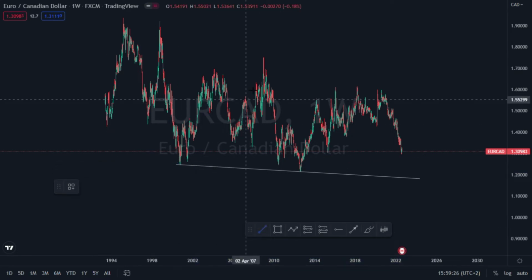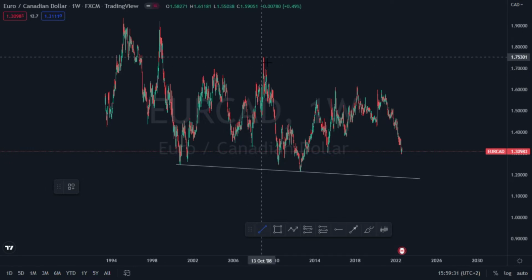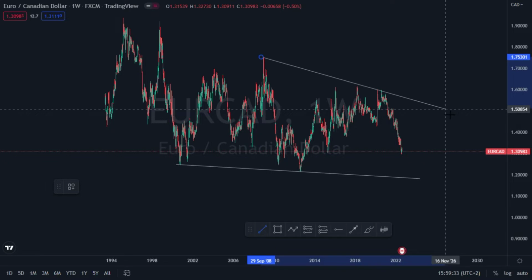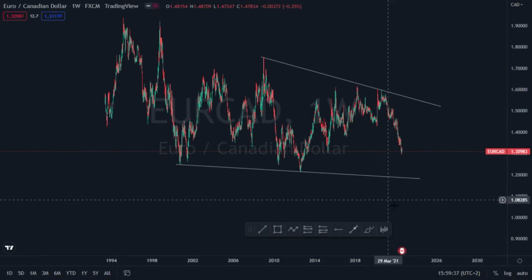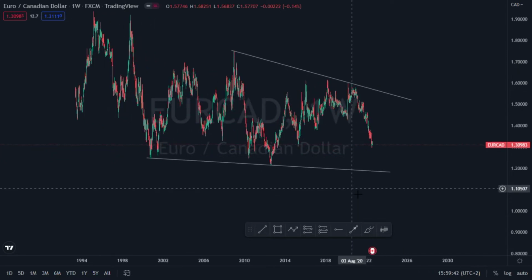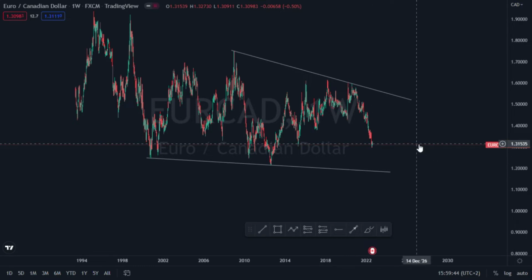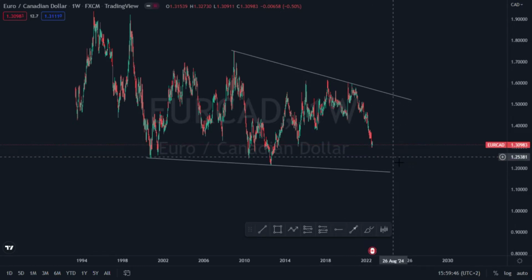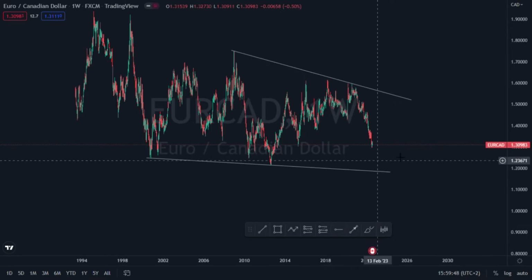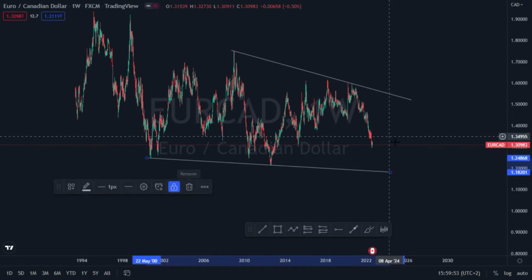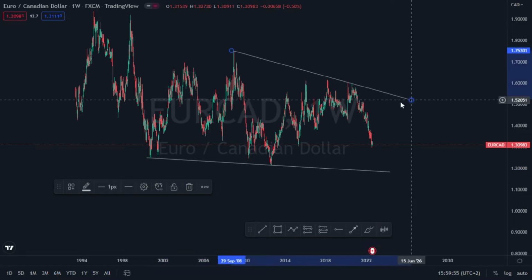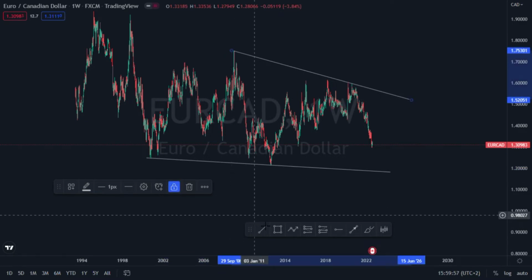If I take my trend from this level right here, first touch, second touch, we have some sort of a structure, which is not yet completed. As far as I can see, this market still has a long way to go. It still has to go down according to the analysis.